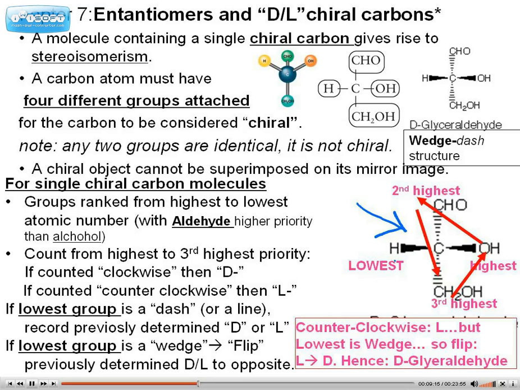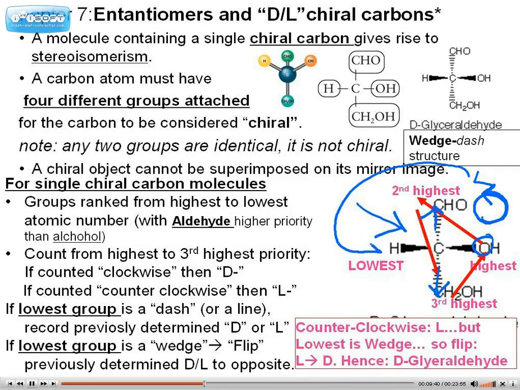The highest priority right here would be an oxygen. The next highest priority would be this particular carbon. And then the third highest priority would be this carbon. And then we would be going, in this case, counterclockwise, and counterclockwise is L.